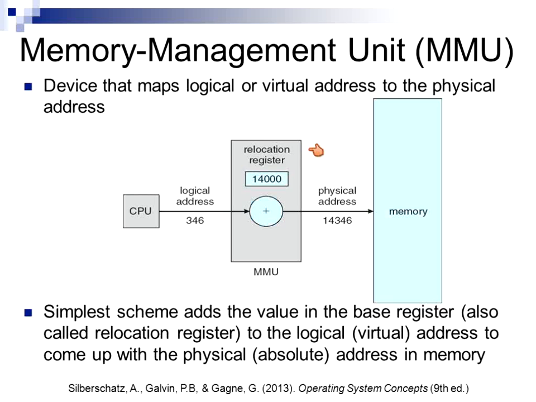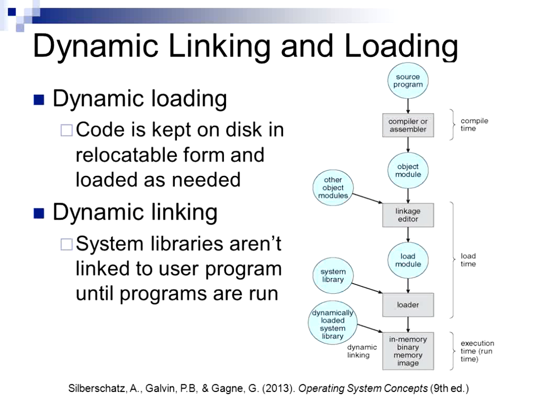So that's the job of the MMU. The MMU is this piece of hardware that actually does this mapping. So the CPU is always creating these logical addresses, but eventually it has to be mapped to the physical address.